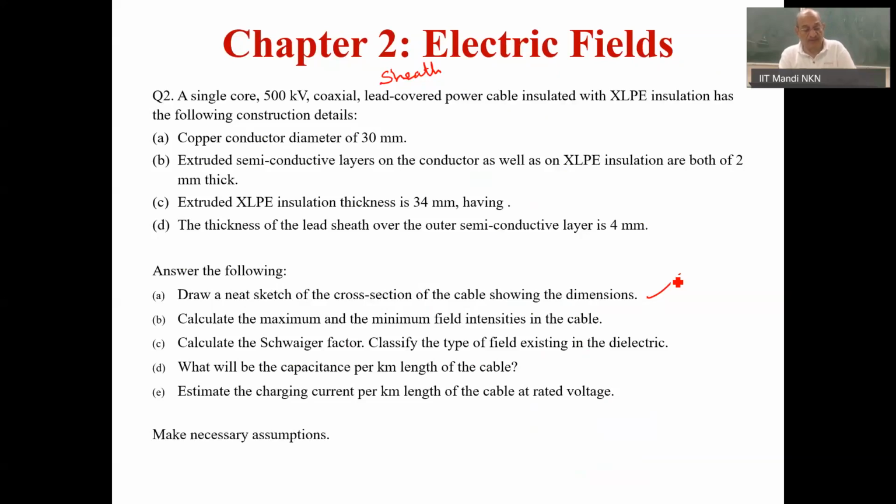So you draw the circles and define the dimensions.